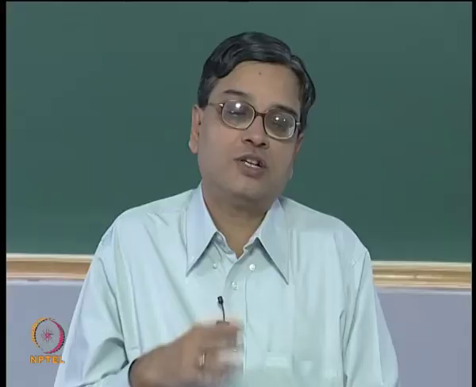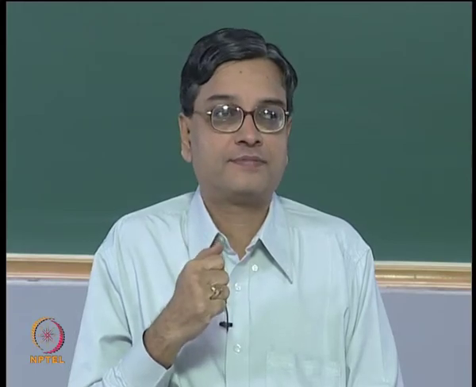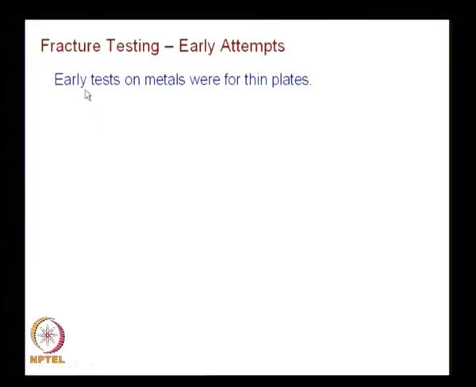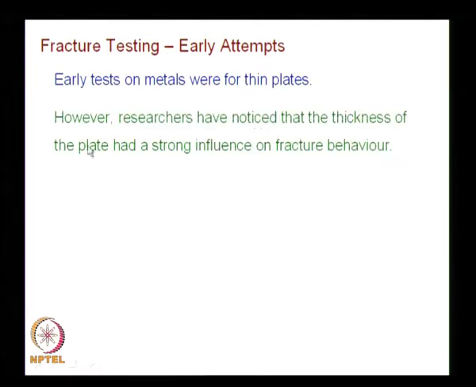Now, what we will have to do is go back and see how fracture testing evolved. We have to look at the early attempts, and early tests on metals were for thin plates. However, researchers noticed that the thickness of the plate had a strong influence on fracture behavior.